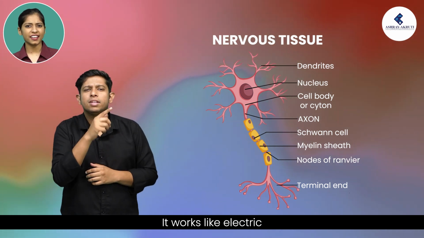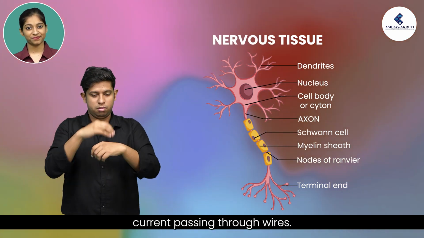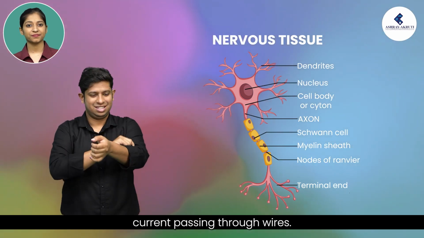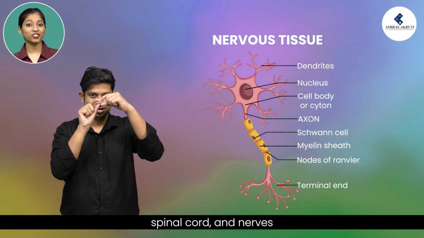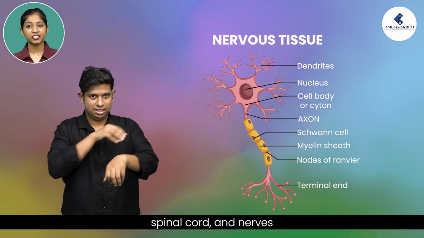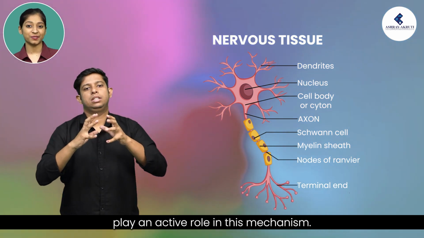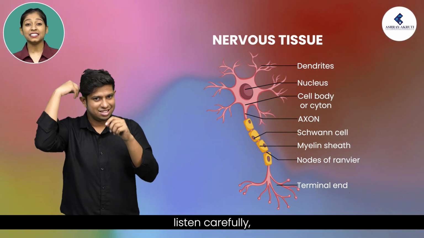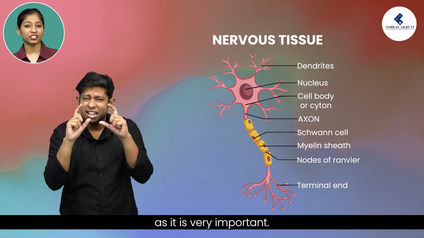It works like electric current passing through wires. The brain, spinal cord, and nerves play an active role in this mechanism. Coming to nervous tissue, listen carefully as it is very important.